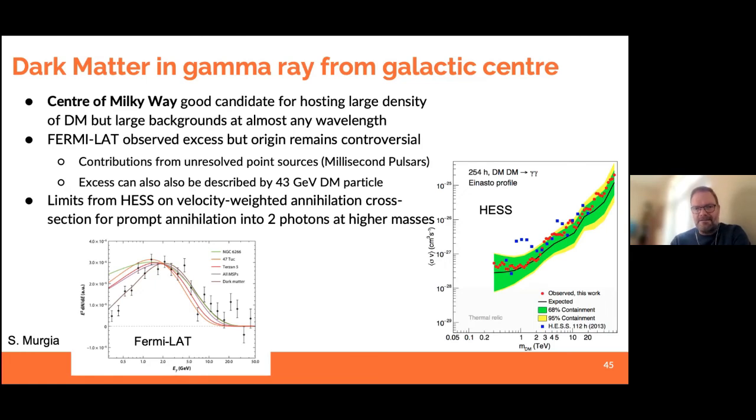Then H.E.S.S. has looked at, as we said, it's sensitive to higher energy ranges. And with the latest data here, which is shown in red, there isn't really any deviation from the expected limits. Again, these are limits on the velocity averaged dark matter annihilation cross-section.